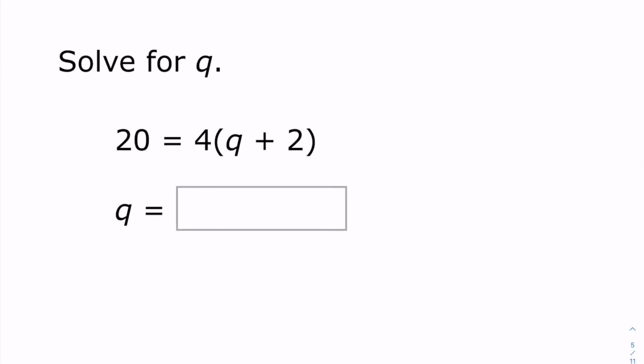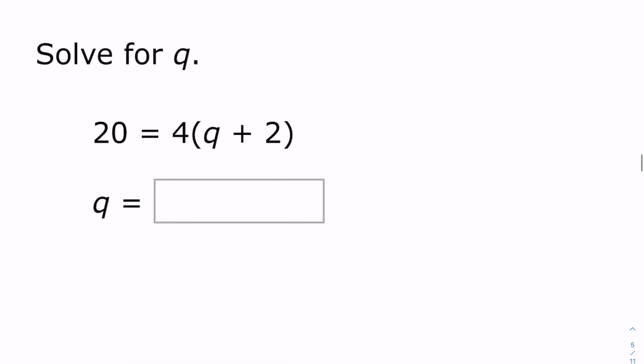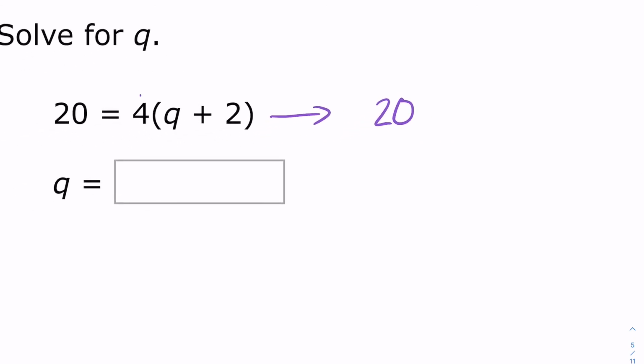So here is, oh, you know what? I probably did them a little bit out of order because I think that other one should have been here. Let's divide both sides of this by 4 and solve it the other way. Or I guess I can distribute. I'll distribute. So we get 4q and 8.